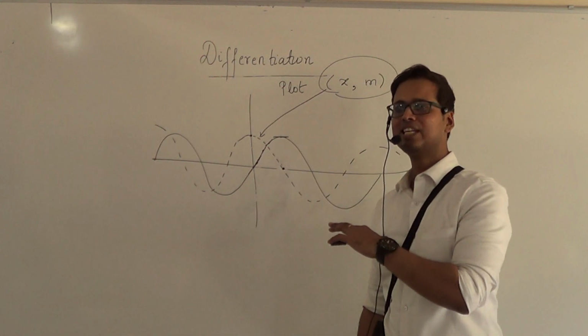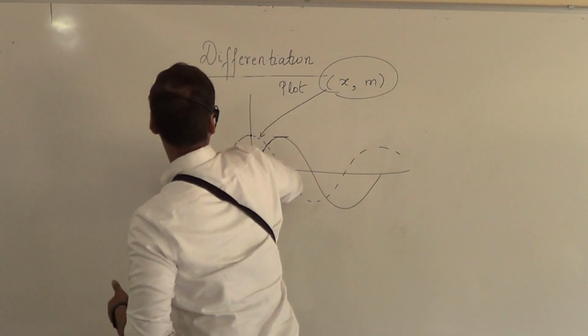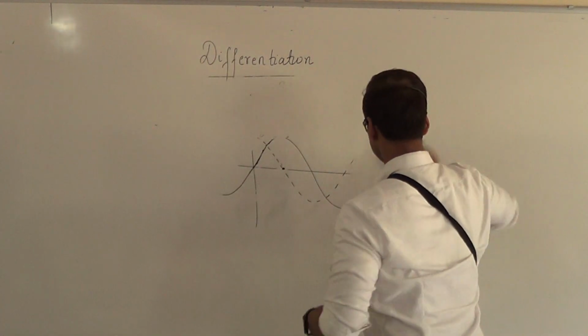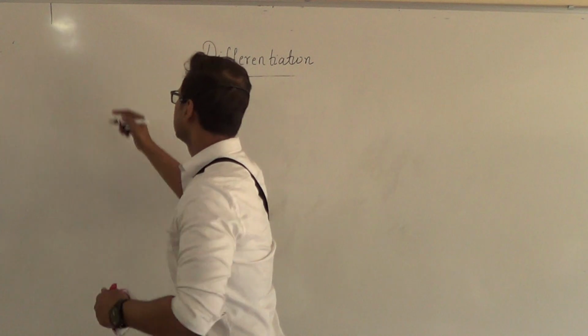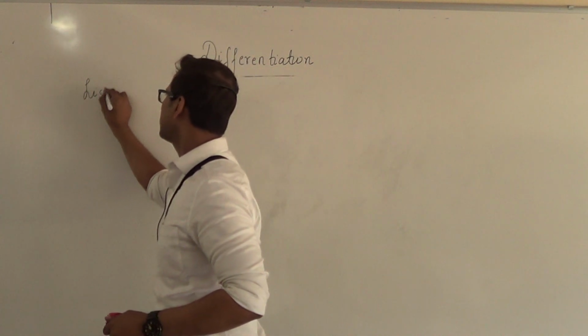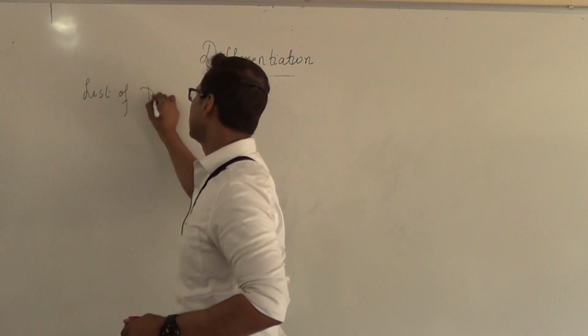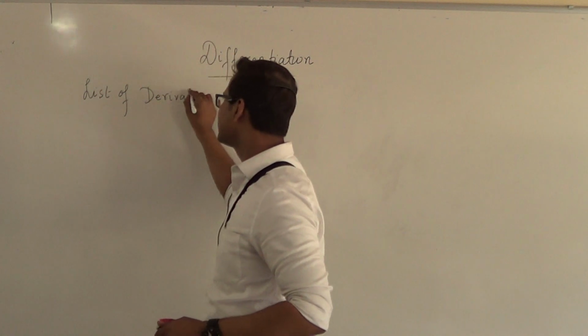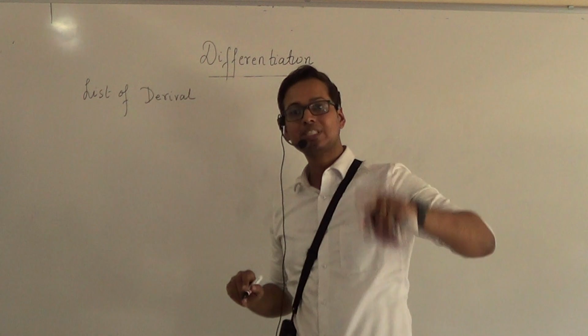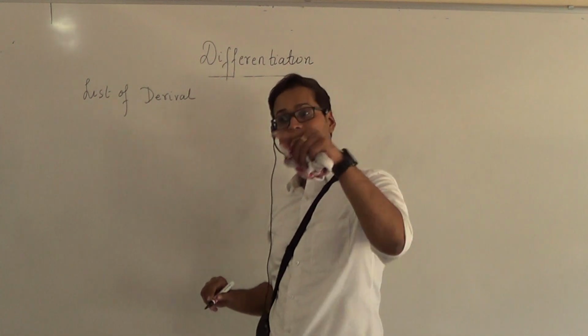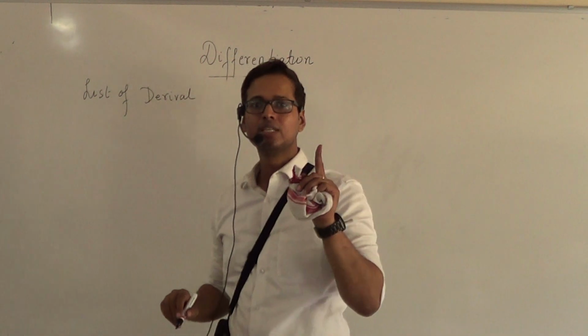Can I give you the list now? Alright. So the list goes like this. Like 10 functions. List of derivatives. Don't say differentiations. Differentiation is a process. Use the right word.